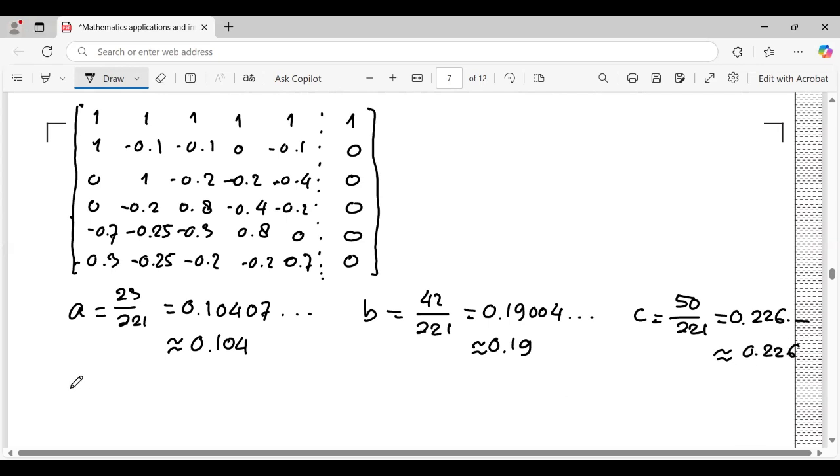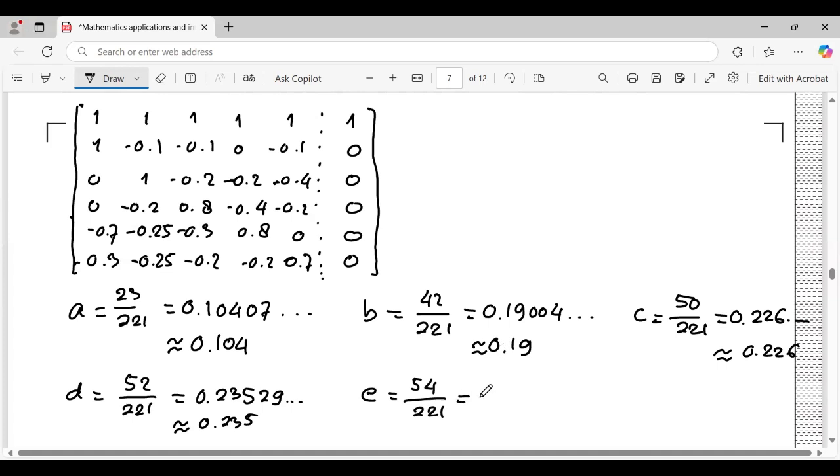Pi D equals 52 over 221, 0.23529, rounded 0.235. And pi E equals 54 over 221, 0.24434, or 0.244.